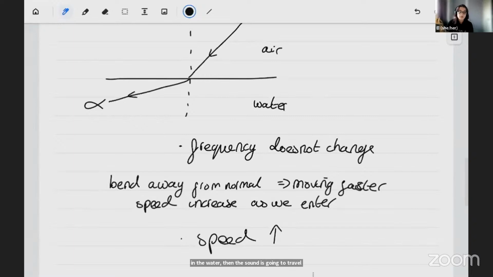Which is why, I don't know if you've ever noticed, but sound waves travel faster in solids than liquids. They travel the slowest in air, then a bit faster in liquids, and then a bit faster in solids. So we can deduce either from the diagram or the physical intuition behind it, that the speed is going to increase in the water.